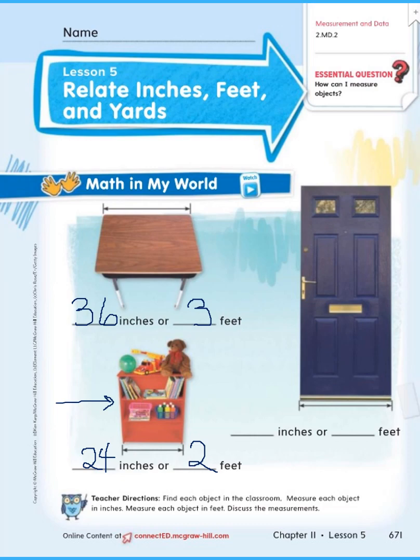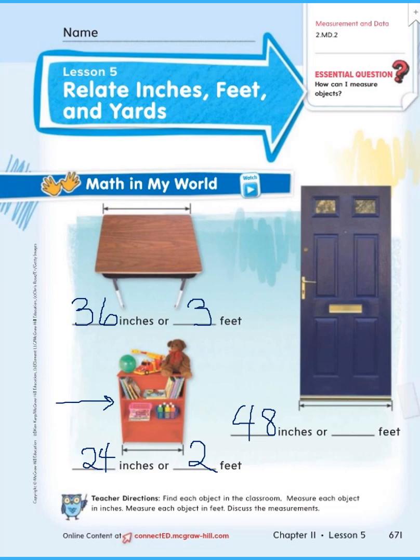And the next one has a door. I think all of us have a door. And it wants to know how wide the door is. I'm going to put this number here, 48 inches. Try to think about how many feet that is.